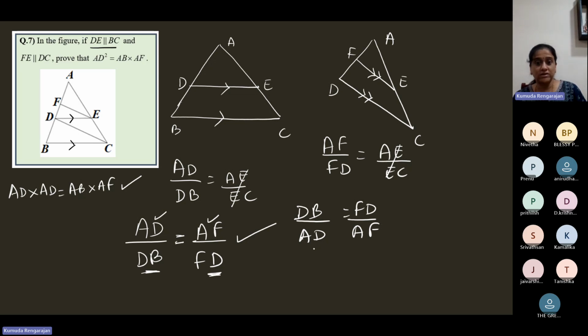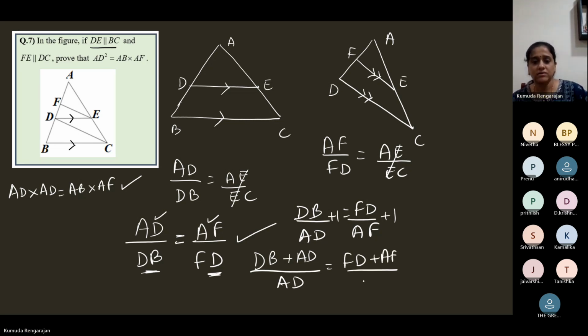Now you want FD, you want AD, that's in the result. You want AF, that also is in the result. Now add 1 to both the sides. So what do you get? DB plus AD by AD is equal to FD plus AF by AF.